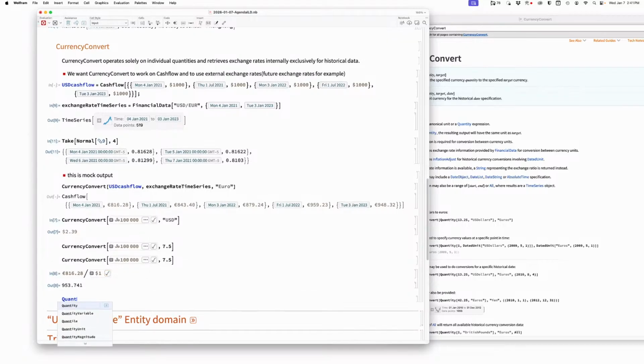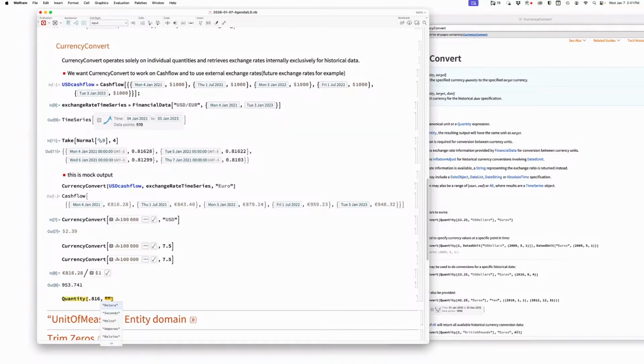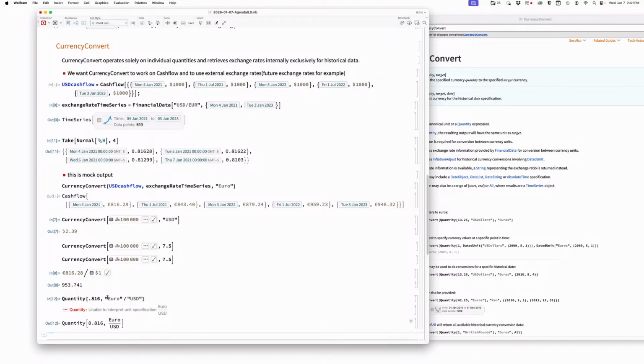But what we could do here is to say quantity 0.816. There we could say probably, I don't know whether this works. Well, euro, does this work? It doesn't do sub-expression parsing. If you made that a single string, euro per USD, it should parse.